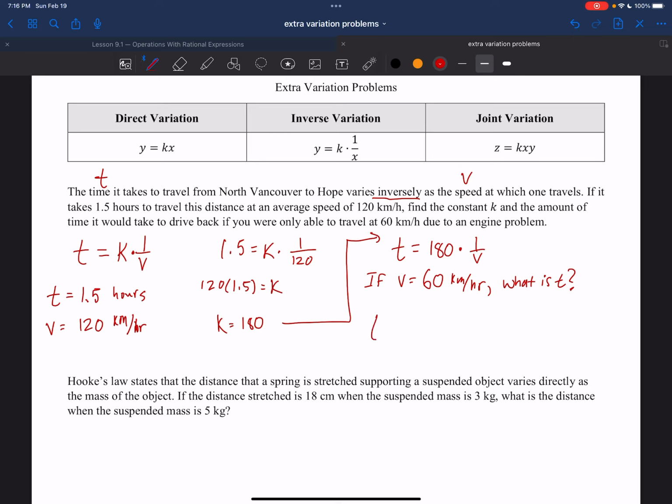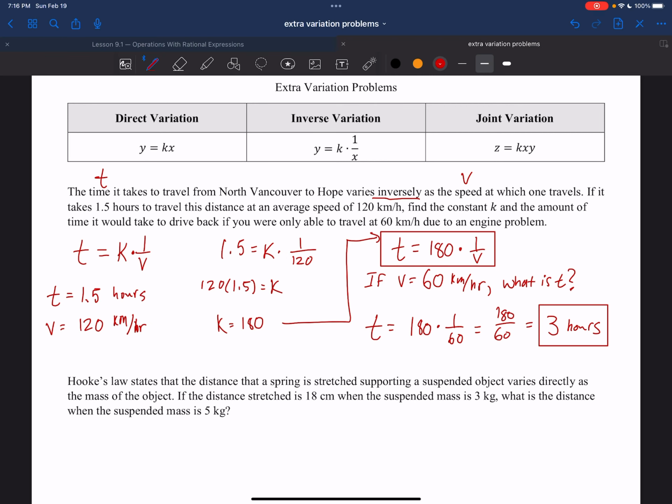Well, t equals 180 times 1 over 60. You know that that's just 180 over 60, and that's just 3 hours. Done.